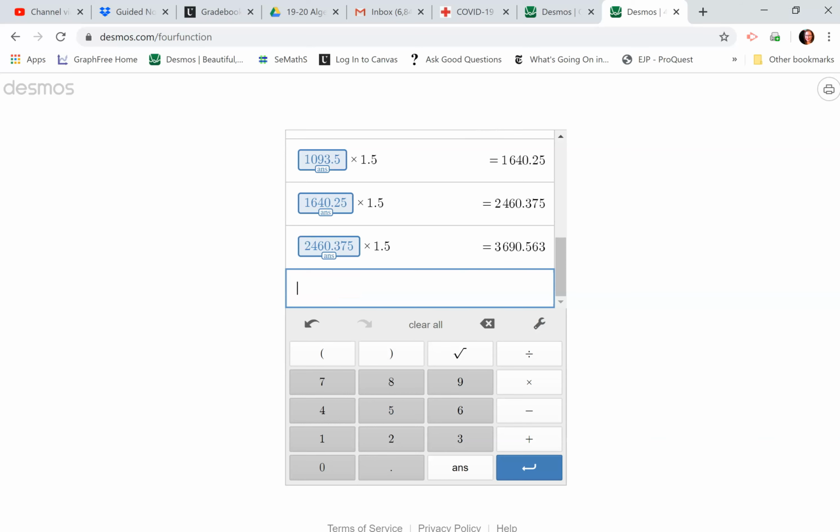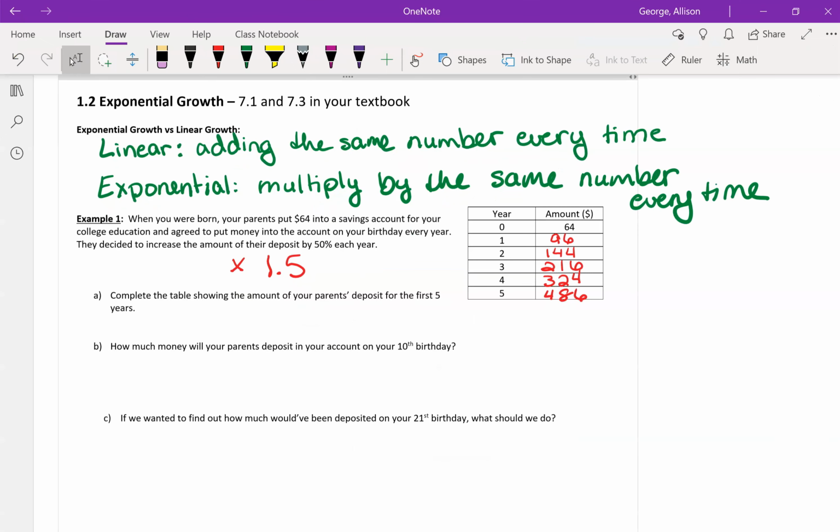Okay, since we're talking money, we want to make sure that we're rounding it to 2 decimal places. If that's how much money it is, we only go to a pennies place. So that ends up being $3,690.56.